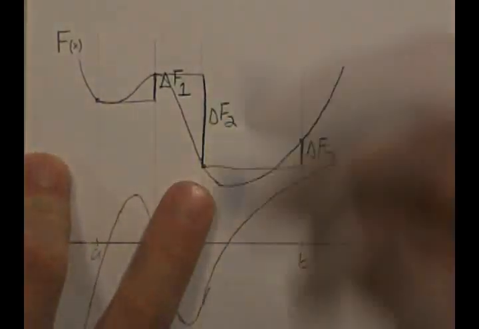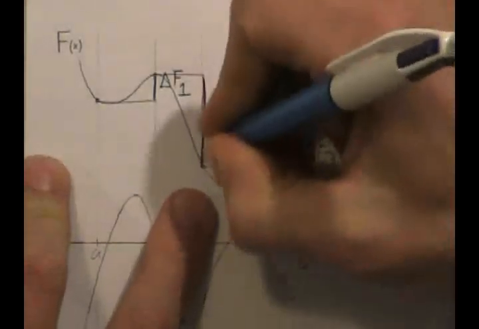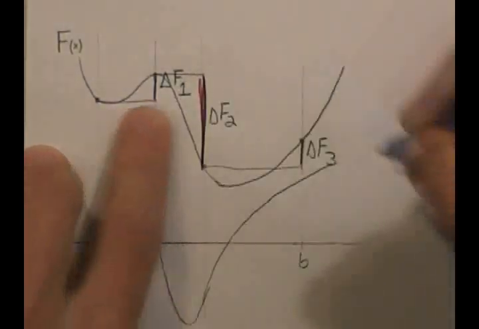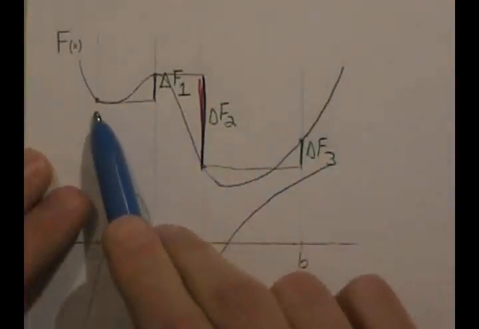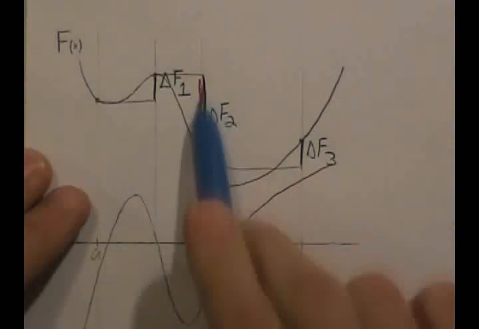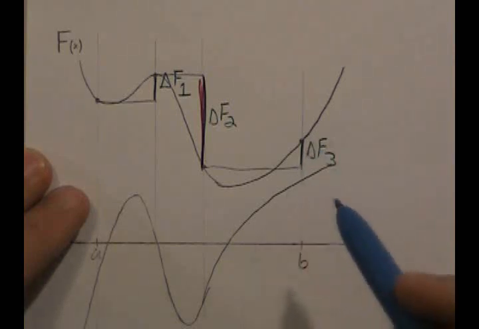Maybe I should have drawn that in red because it's down. These all add up to the total change. So say that in total the function goes up 2, down 6, and up 2 again. That would be a total change of minus 2.